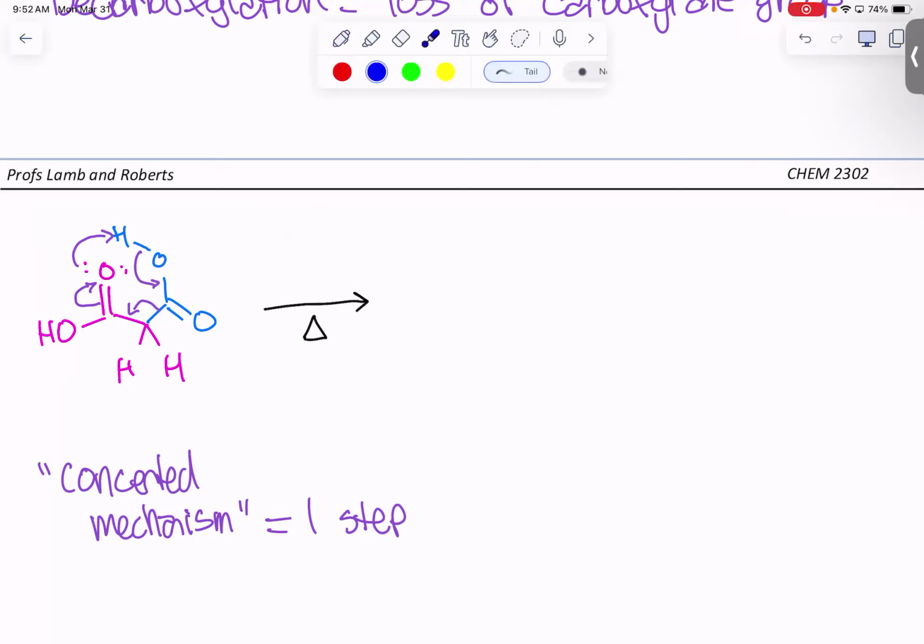So let's go through that again. We're going to take the lone pair of electrons on our oxygen. We're going to deprotonate that OH bond. We're going to break that OH bond, and we're going to go ahead and make a carbon-carbon double bond at this carbon. That would mean that carbon would have 5 bonds, so we have to break this carbon-carbon bond at the same time and place those electrons to form another carbon-carbon bond here. But if we formed another carbon-carbon bond here, this carbon would have 5 bonds to it, so we need to break this CO double bond by putting the electrons back.